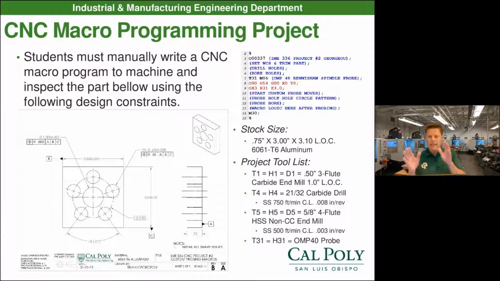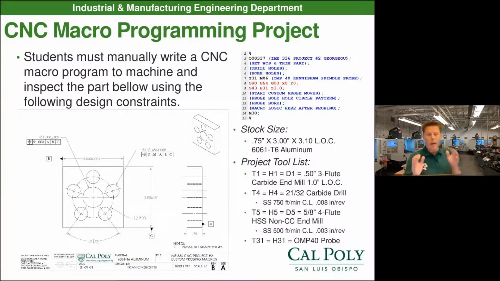And basically they learn either Mastercam or HSM Works in that class, or Fusion 360, whatever CAD CAM they want to use. And then they're basically off to the races. They do mill and lathe basics. Then there's a 336 class, which is CNC macro programming and multi-axis programming. So we do 4 and 5 axis stuff, live tooling, lathe, and then the macro programming.